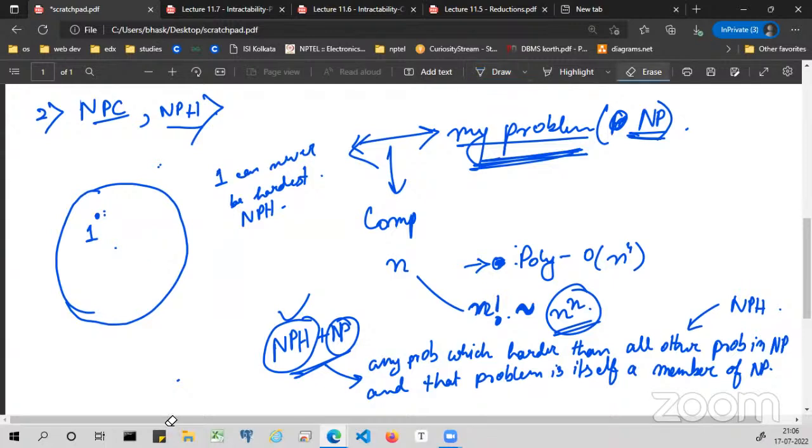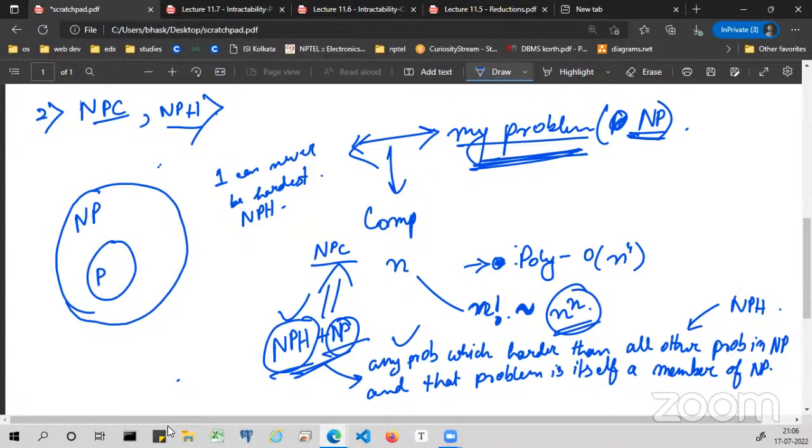Now let me draw the diagram. Okay, now this is the definition of NP complete: NP hard plus NP.